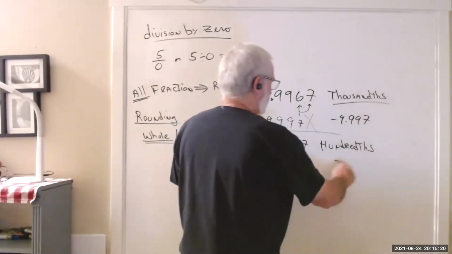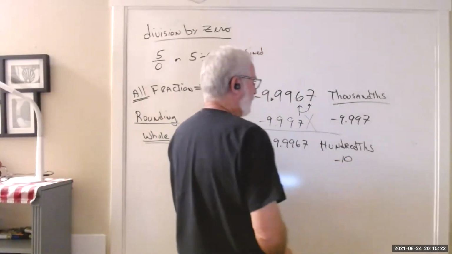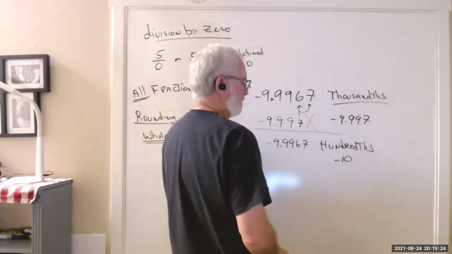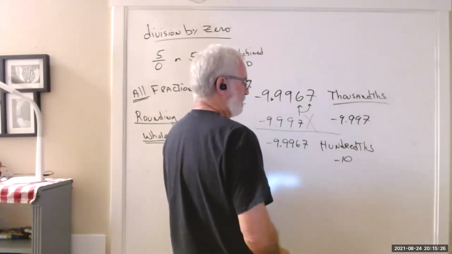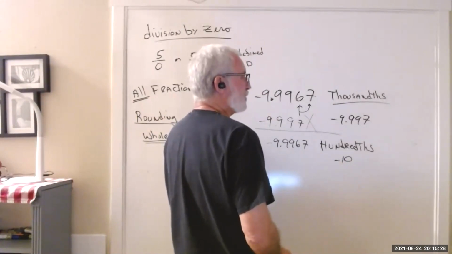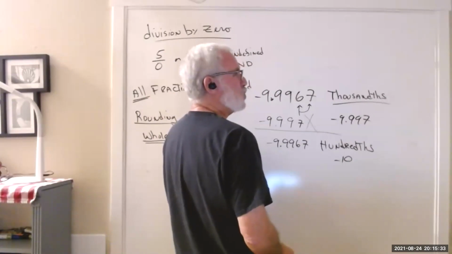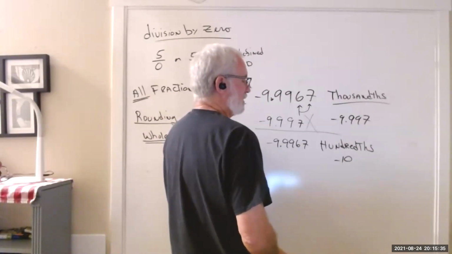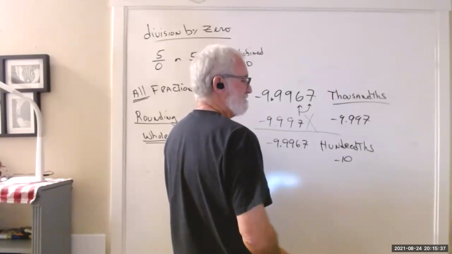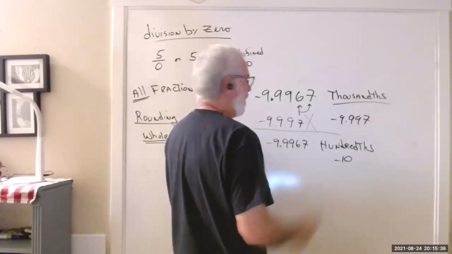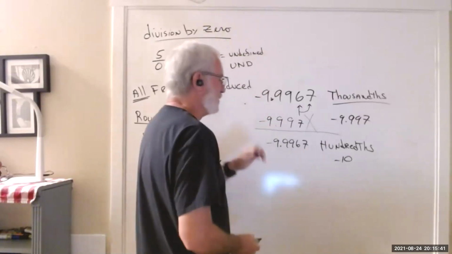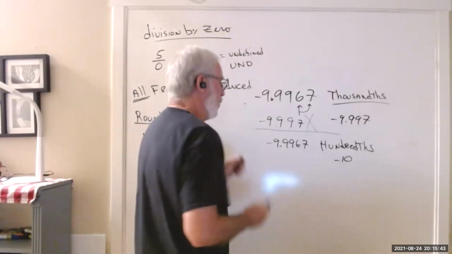Negative 10. Negative 10. Okay, anybody get a different answer? That's wrong. Anybody get a different answer? Ooh, gotcha. No? Okay. Let's see what happens. I got negative 9.1.